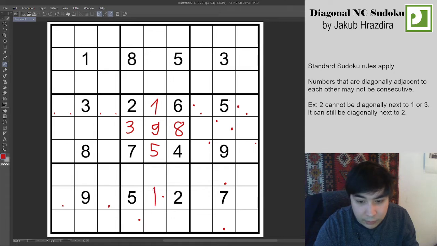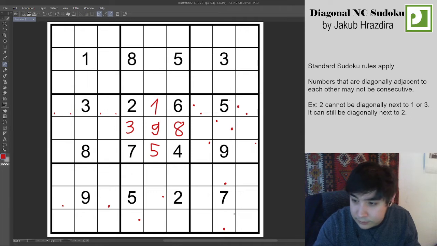That means the 4 cannot be in the center because it would block all of those positions. So with the 4 not being in the center anymore, it's also blocked by this 5, it's blocked by this 4, and we just said it can't be in the center.